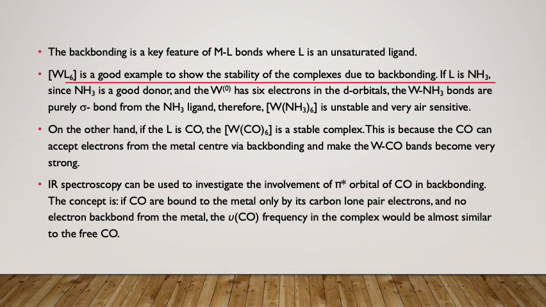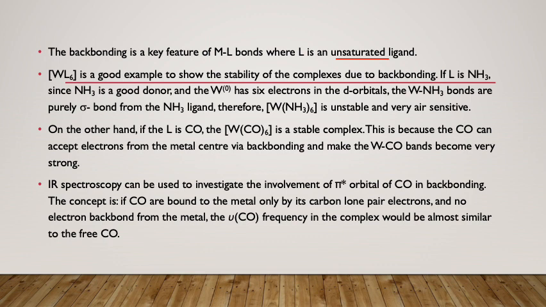It is actually a key feature of M-L bonds, where L is an unsaturated ligand, meaning it must have more than a single bond. W(L)6, for example, a tungsten organometallic with 6 coordinated ligands, is a good example to show the stability of the complex due to back bonding.